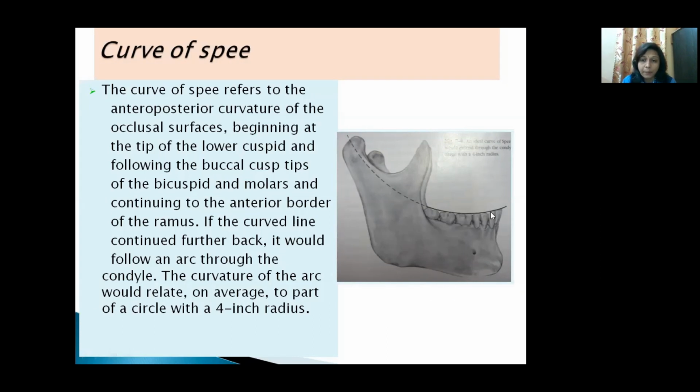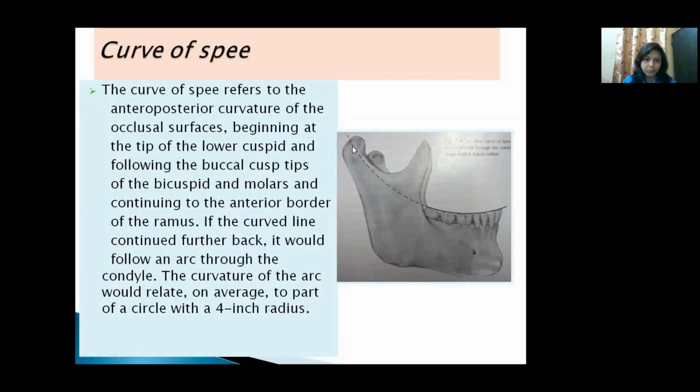It begins from the tip of the lower cuspid, then progresses to the premolars and molars, and continues to the anterior border of the ramus. If this curved line continued further back, it would follow an arc through the condyle. You can see here the curve starting from the canine tip and progressing backwards.